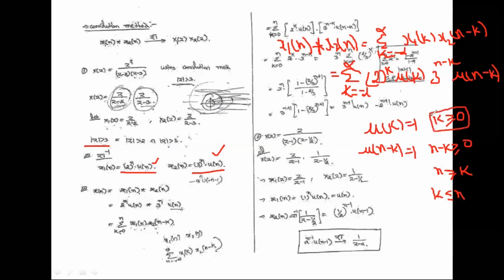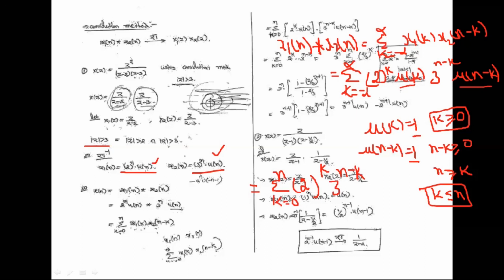Now k is greater than or equal to 0 and k is less than or equal to n, so within this range there is 0 to n. Now I am changing this to the sum of k equal to 0 to n only, because of less than or equal to n. The intersection range, the 2 power k and 3 power n minus k, and the 2 functions mu of k and mu of n minus k, the value is 1.